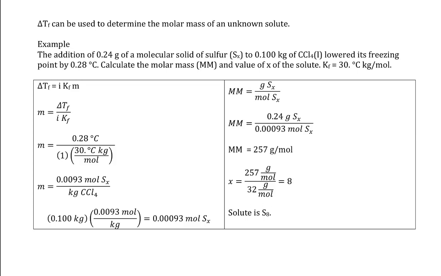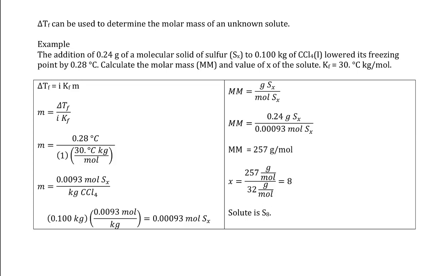Alrighty, so what we have is 0.24 grams of this molecular sulfur solid that was dissolved in 0.100 kilograms of CCl4. The freezing point went down by 0.28 degrees Celsius.